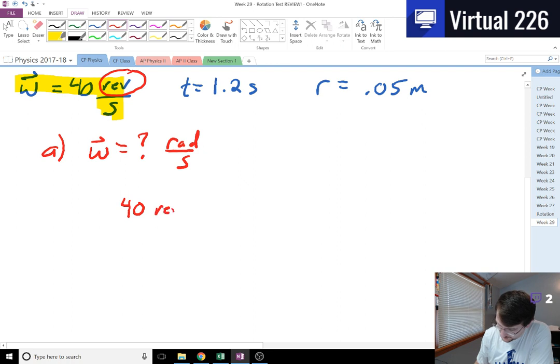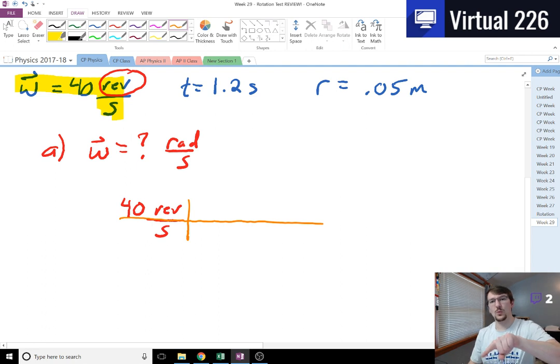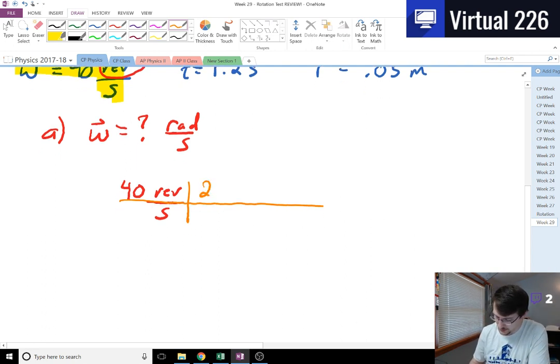We've got 40 revolutions per second, and if you had something like RPMs, that'd be the same thing, revs per minute. If you wanted to train track this, or dimensional analysis, fence post, whatever you like to call it, we know in one revolution, or one go around of the unit circle, there are 2 pi radians.